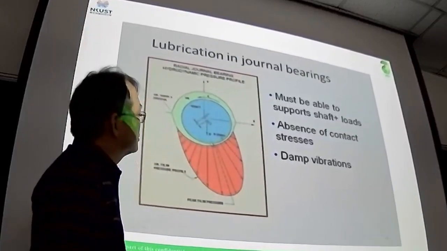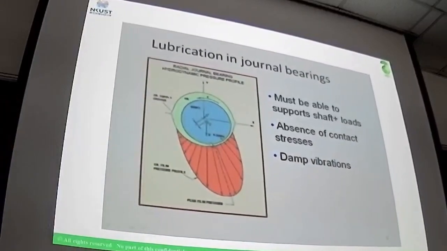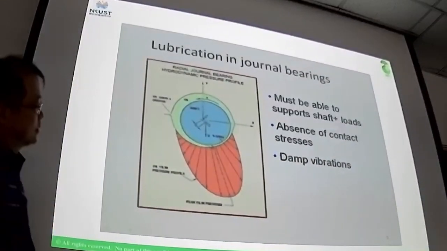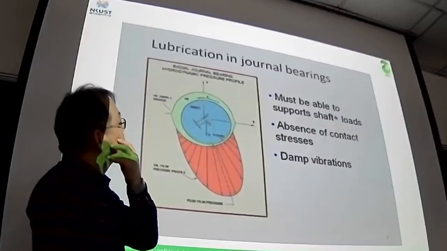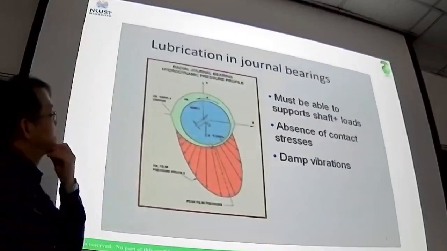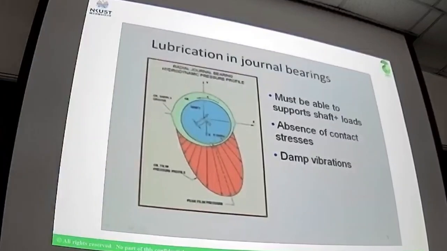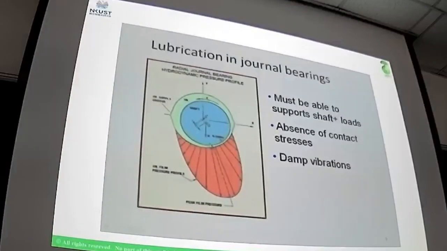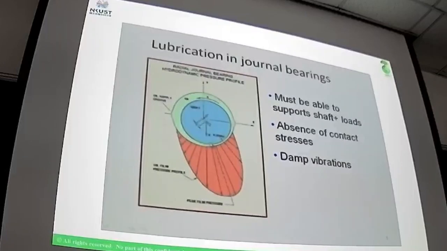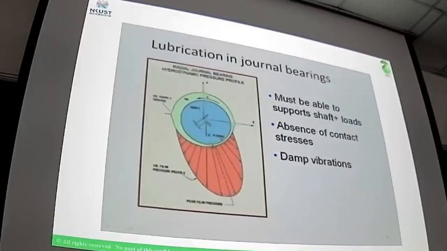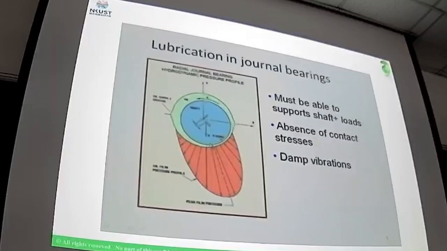So the lubricant should be able to at least satisfy these three requirements. So for different application regimes or application cases, you need to have different requirements for your lubricant.